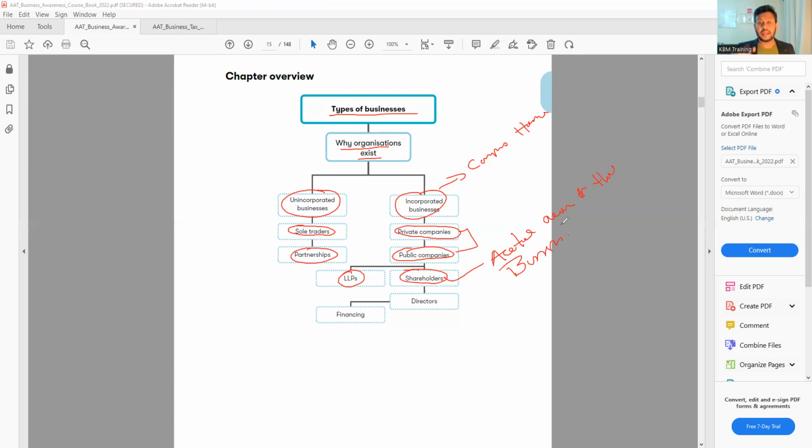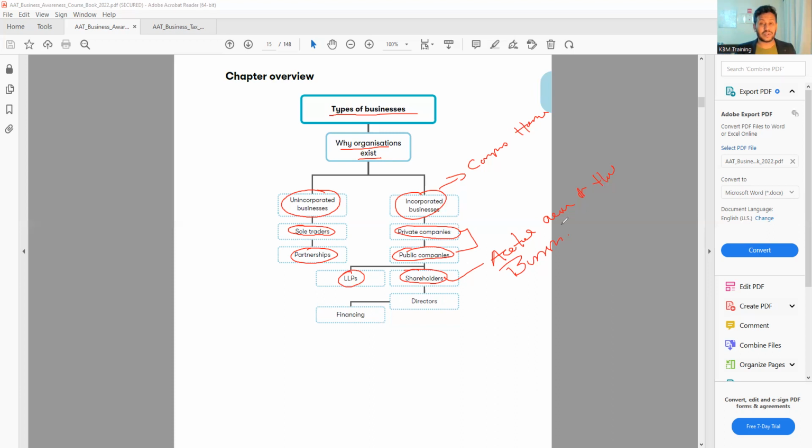It is possible the shareholder can be the director. For example, you open a business, you own 100% of this business, you are the shareholder, so that means you are the owner of the business, and also you are the director. But it is not necessary that the director has to be a shareholder. So a director can only be an employee. For example, if you look at the London ExCeL, or the DLR train, this sort of company is owned by an Abu Dhabi company from Dubai or from the UAE.